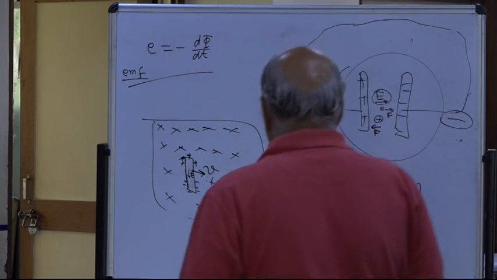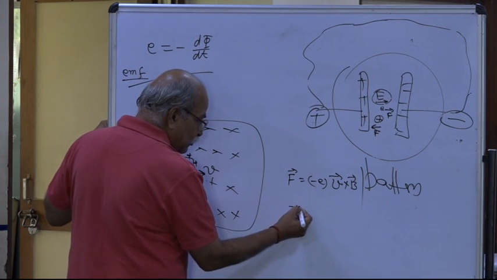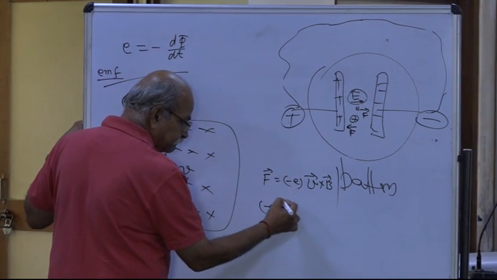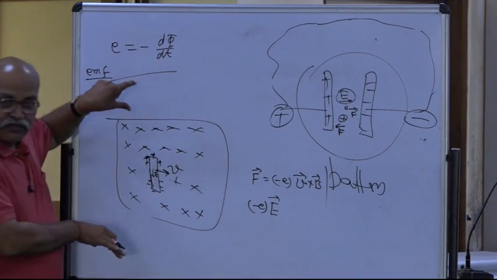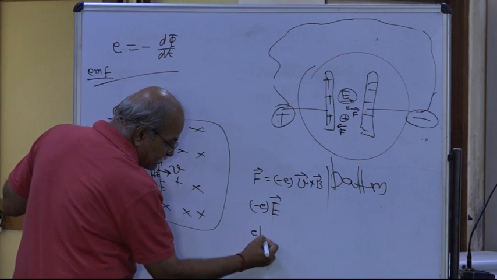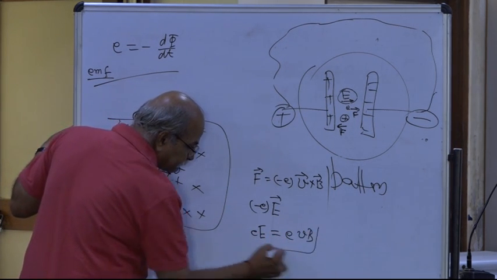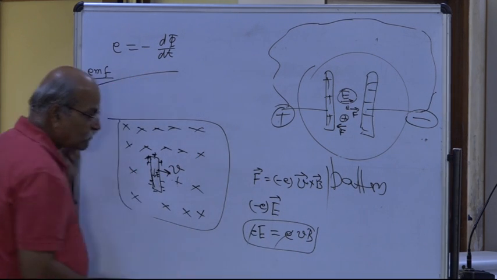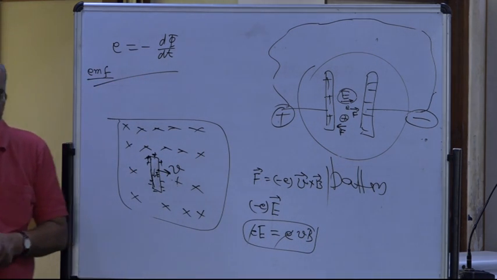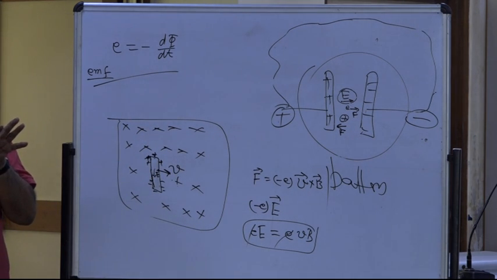The force because of the electric field will be Q times E. The directions, as we have already seen, are opposite. So when Q times E is equal to Q times VB, the charge separation will be matured and stabilized.